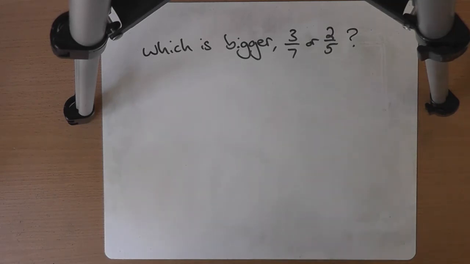Well, yes, we do. Because equivalent fractions give the same information but written in a different way. So here's the really clever bit. Maybe we could use this idea of equivalent fractions to rewrite one or both of these fractions so that they are the same type.